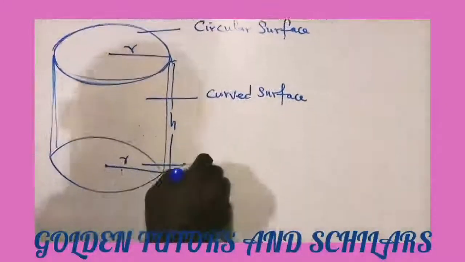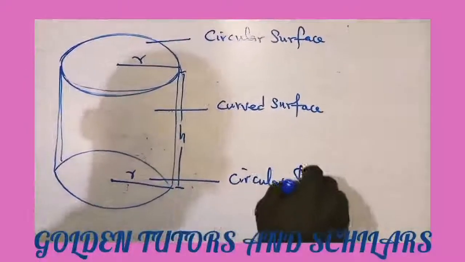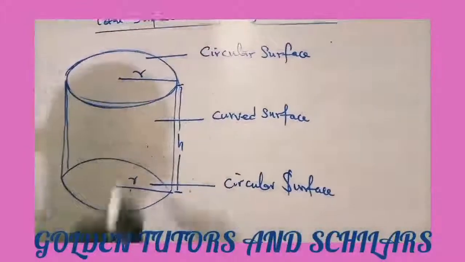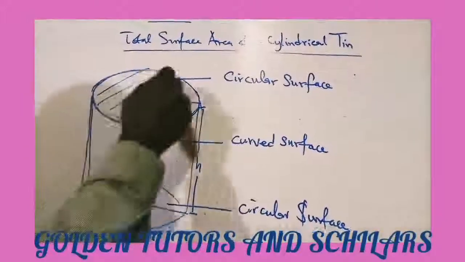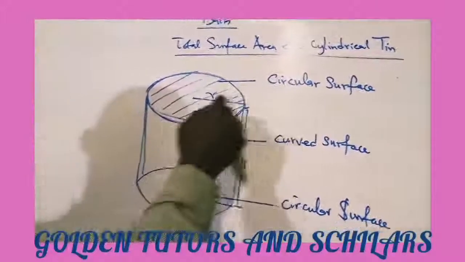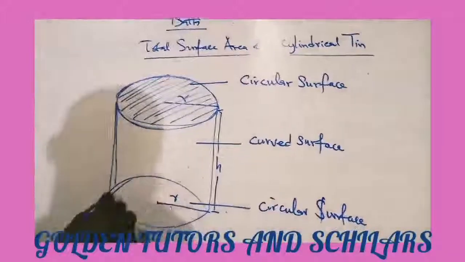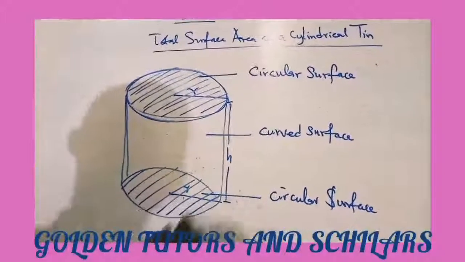And we also have a circular surface here. It means that for this cylinder, this place is closed. That means we have a surface here, it is closed. The bottom here, the other circular surface, is also closed.